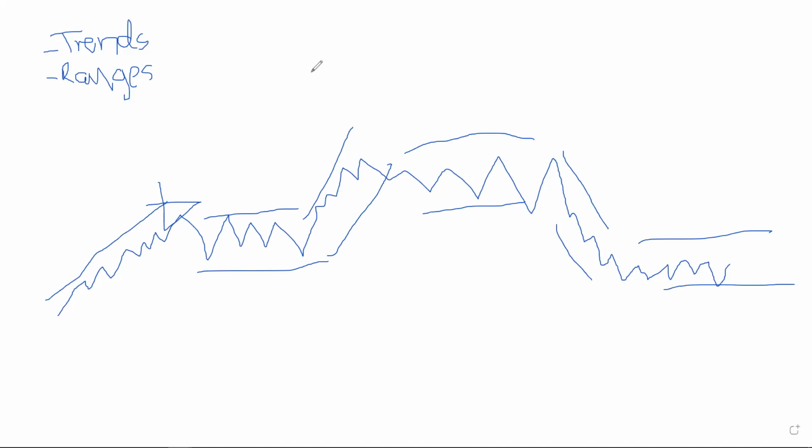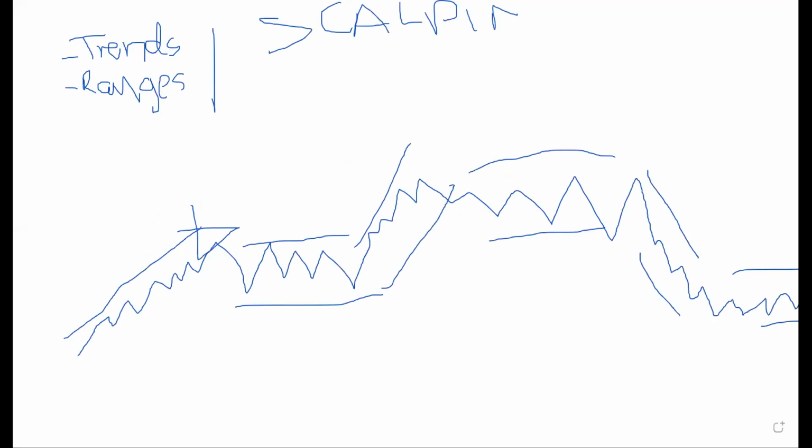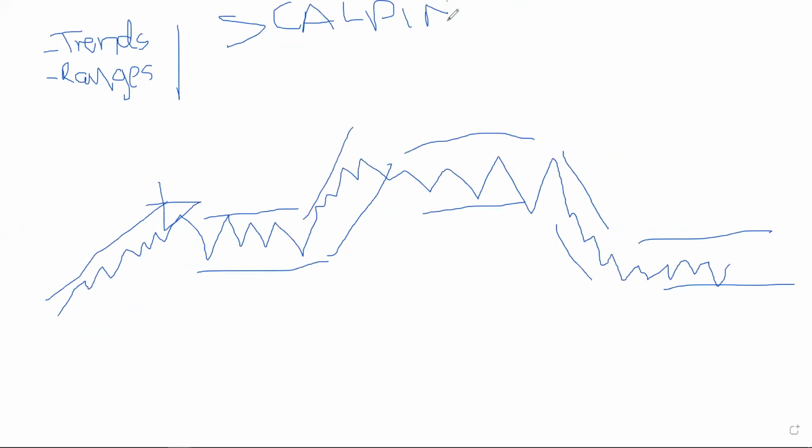So what I'm going to teach you guys is called scalping. Scalping means how can you get into the market and get out very quickly. Make some money and get out very quickly. So scalping is getting in the market quickly and getting out.